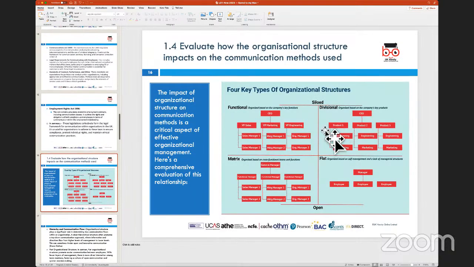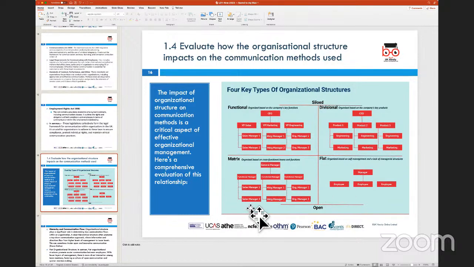Just going back to the structure. Divisional structures, as I was mentioning, could be in a hospital, wherein you have the chief executive of the hospital. There are different departments, so you have the cardiac department, say, for example, an osteotherapy department, a gynae department, and within that you have people in different structures and different numbers of people working within the organization.